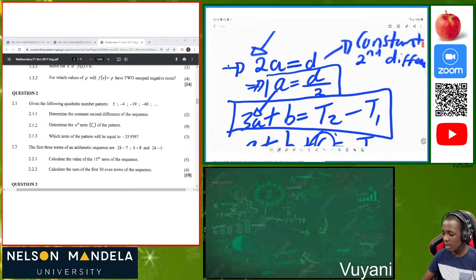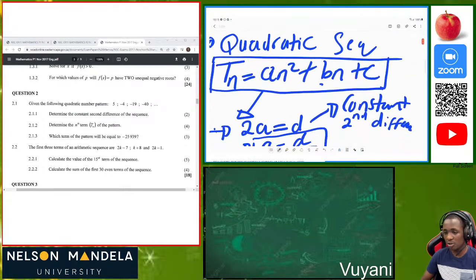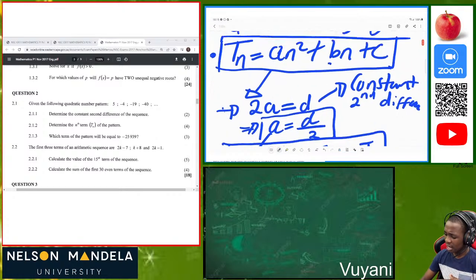Basically, just to give you an overview, a quadratic sequence has a second constant difference. After that, we also have to know that the first differences of a quadratic sequence form an arithmetic sequence.